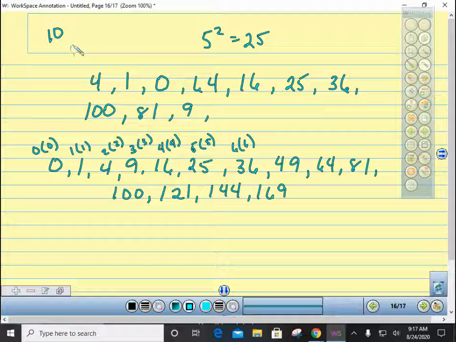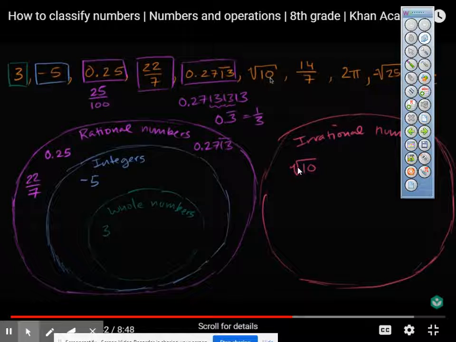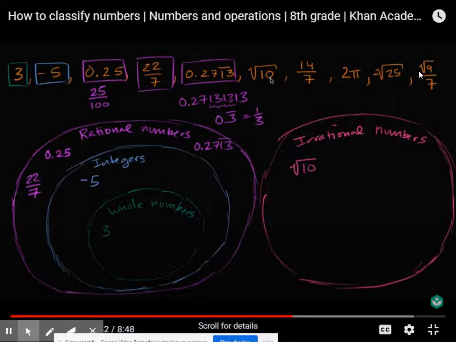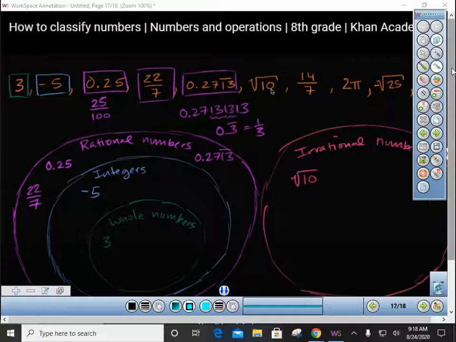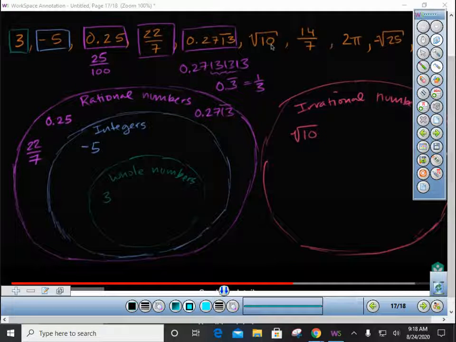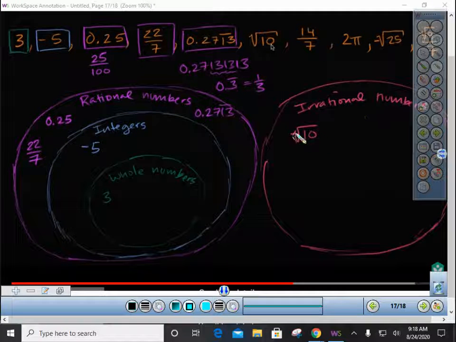When you come over here to irrational numbers, we in 7th grade math are only going to deal with one major irrational number throughout the year, and it's not the square root of 10.